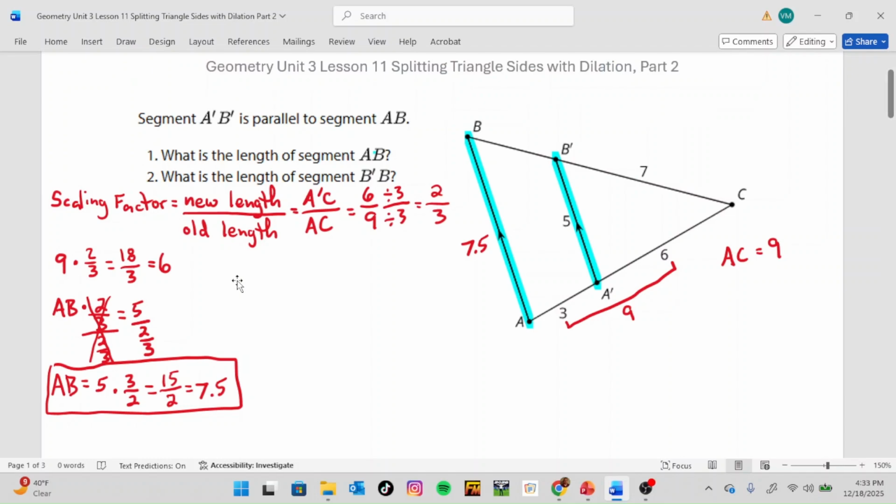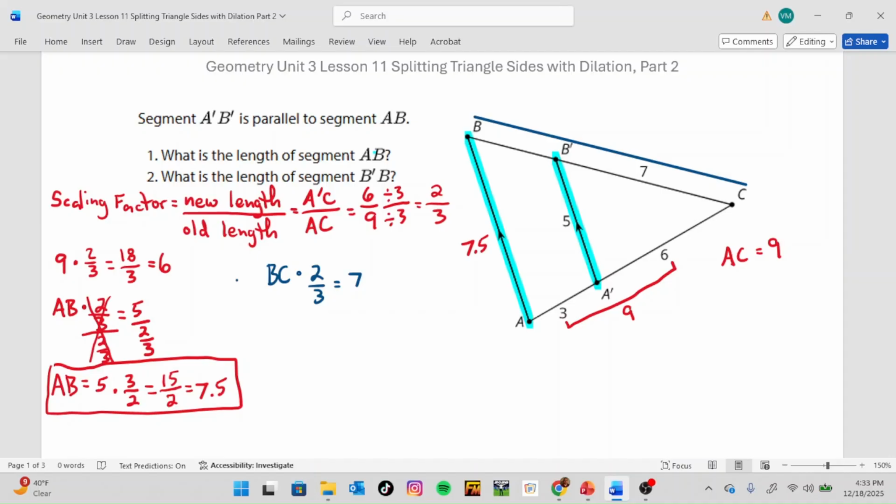Now we can do number 2. What is the length of segment B prime B? If we look, we would have taken this original side length of BC, and we would have multiplied that by the scaling factor, 2/3, and that would have given us B prime C, which they have labeled as 7.